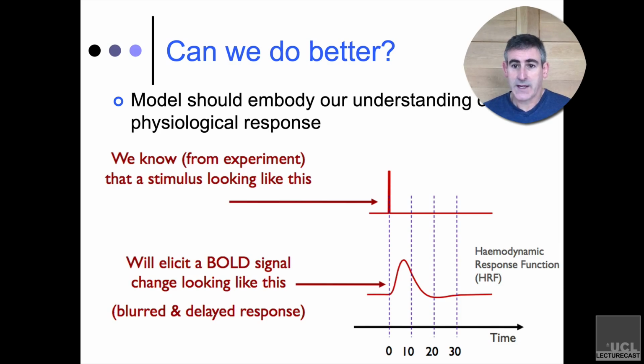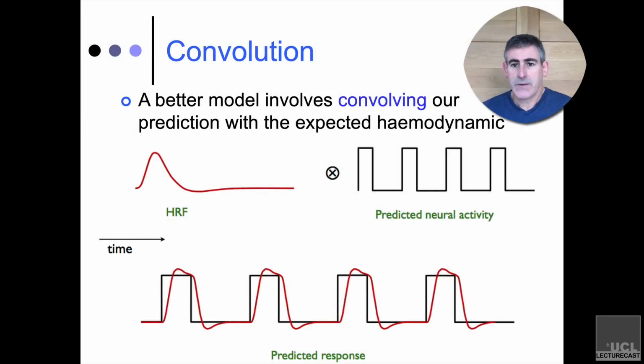So when we design our model, we don't want to design the model solely based on what should be happening neurally. We want to design our model to take into account this hemodynamic response function because we know that that's embedded in the BOLD signal. Otherwise we'd have an unrealistic model that doesn't match very well what we really are getting out of the physiology. And the way we do this is to use a mathematical function called convolution.